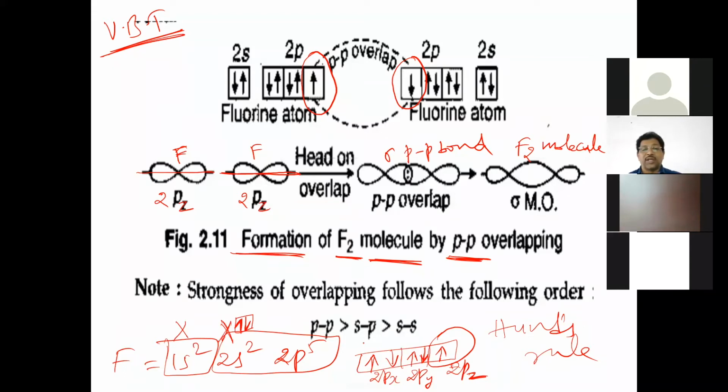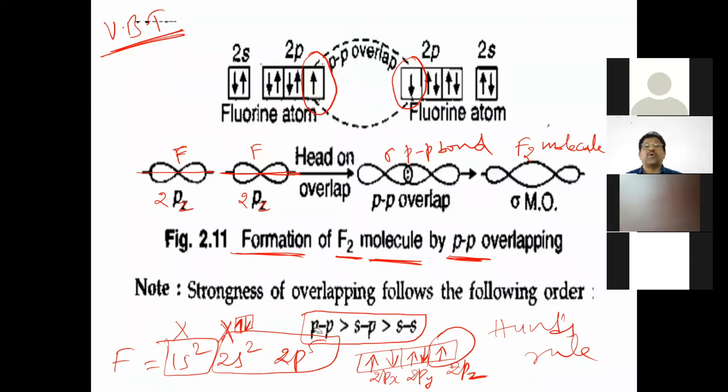Now this point is very important to understand. The pp overlapping will form a stronger bond than sp overlapping, which will form a stronger bond than ss overlapping. So which bond is stronger? pp overlapping is stronger than sp overlap, which is stronger than ss overlap.